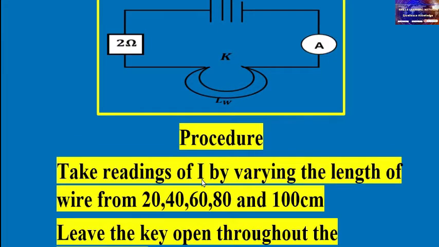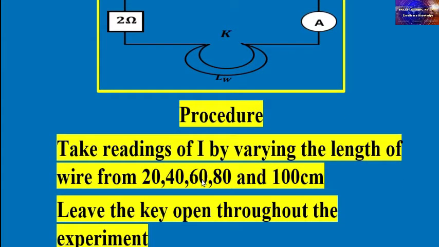You connect 20, you read the current, 40 you read the current, 60 you read the current, 80 and up to 100 centimeter you read the value of current, and you record your readings, the current and the length of your resistivity wire. And when you perform this procedure, you have to leave the key open throughout the experiment. Don't close the switch.